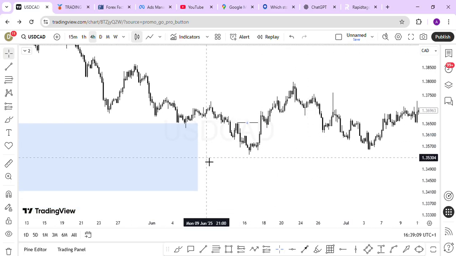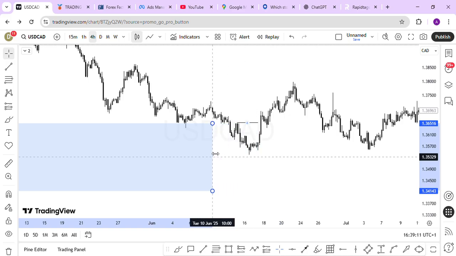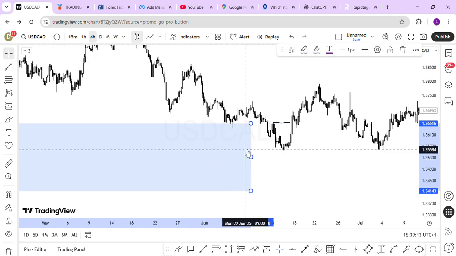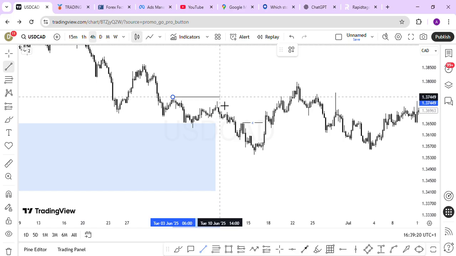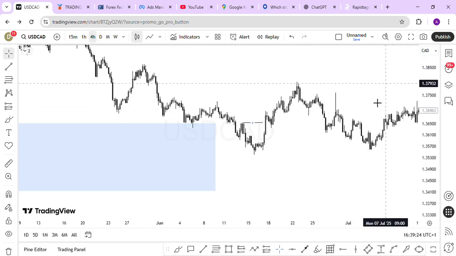Why? Because market responded to higher time frame POI. The first attempt, this level would have become our market structure shift, but as you can see, market refused to change the character and still dropped and created another opportunity.